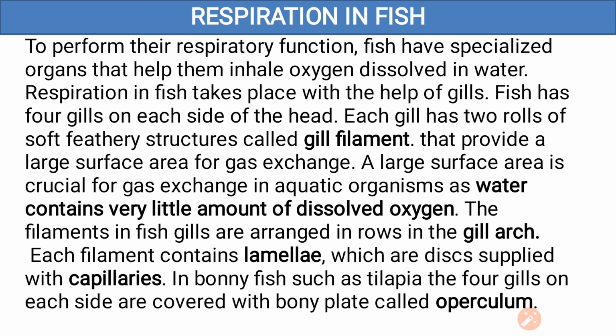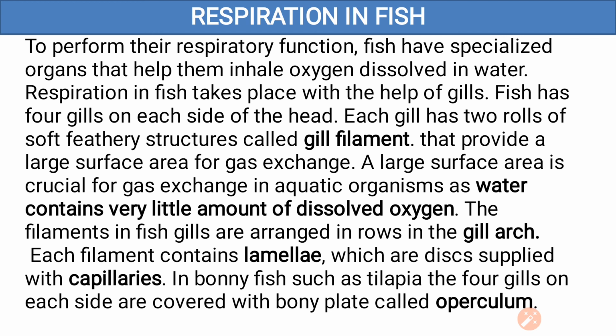A large surface area is crucial for gas exchange in aquatic organisms, as water contains little dissolved oxygen, and of course you know why, from the molecules of water. The filaments in fish gills are arranged in rows in the gill arch.